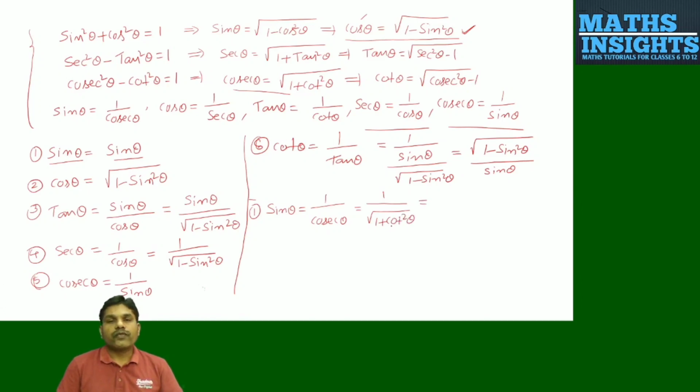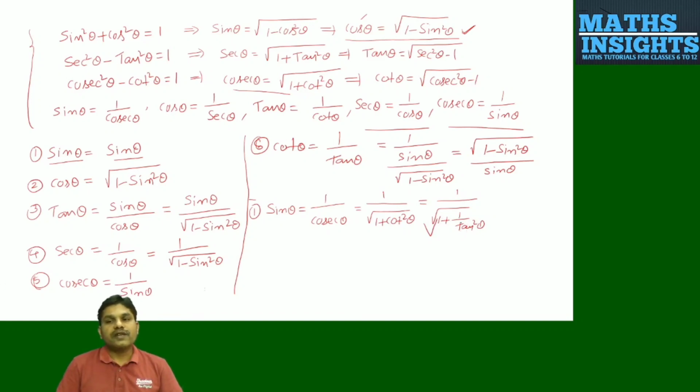And you know, cot theta and tan theta are reciprocals. Therefore, I am writing 1 by square root of 1 plus 1 by tan square theta. The square root is for both 1 and 1 by tan square theta.